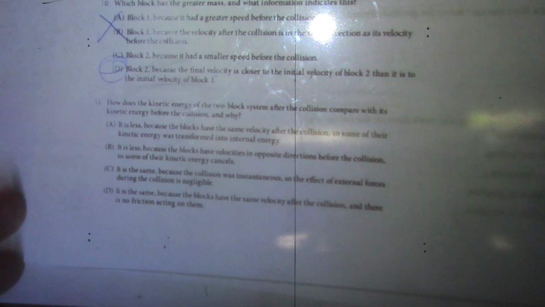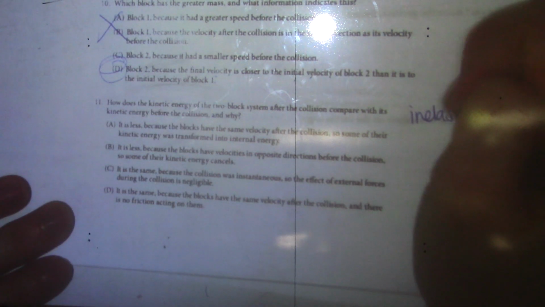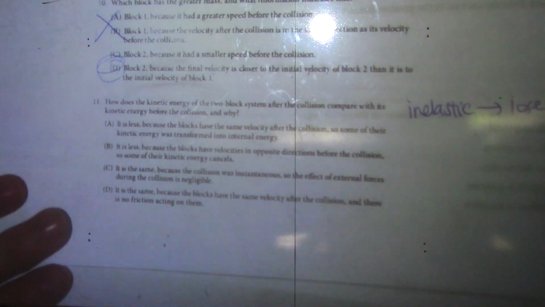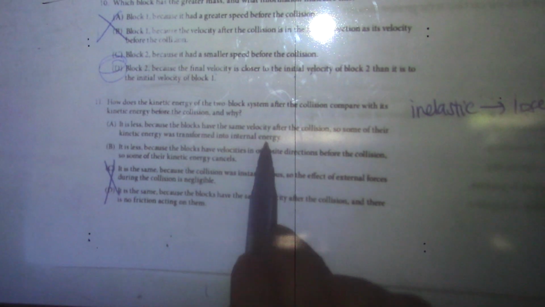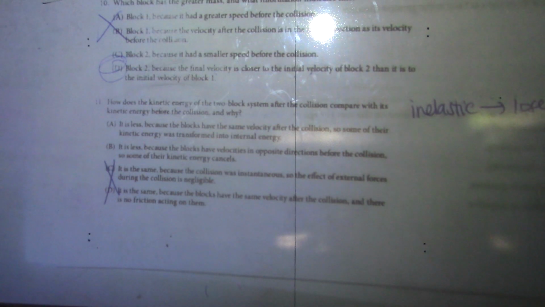Kinetic energy compared: anytime they stick together, that is an inelastic collision, which means you lose kinetic energy. So we can cross out these two. This one is saying I lose some of the energy because it's transferred into internal energy. Think of cars crashing, right? There's some literal deformation of the car that takes up energy.